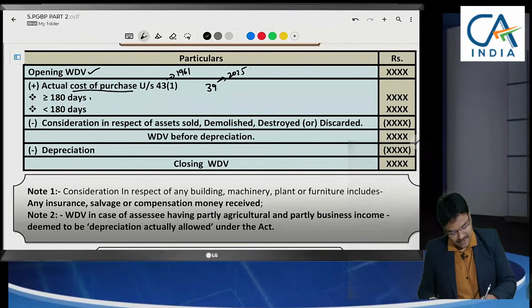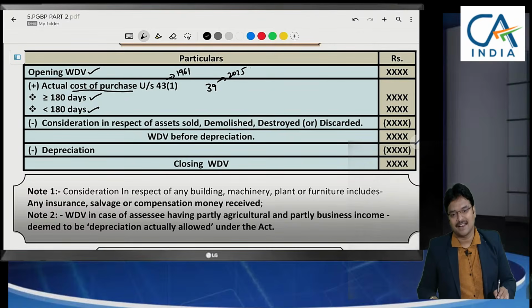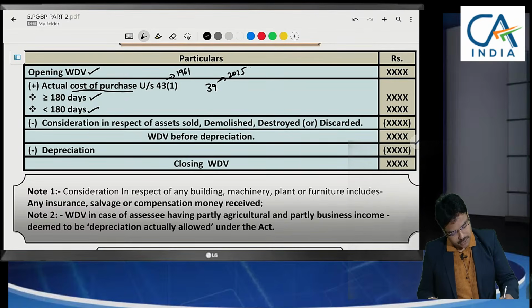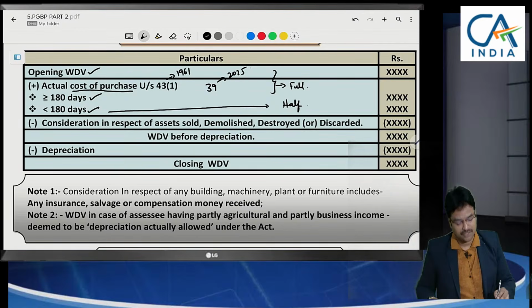Greater than 180 days and less than 180 days should be separately written, because on the opening plus greater than 180 days we can claim full depreciation, and for less than 180 days we have to claim only half depreciation. Minus sale value of assets sold, demolished, destroyed or discarded, which has to be reduced, and then we will get the WDV. On that WDV we can claim depreciation.